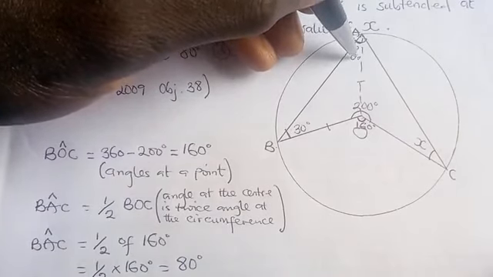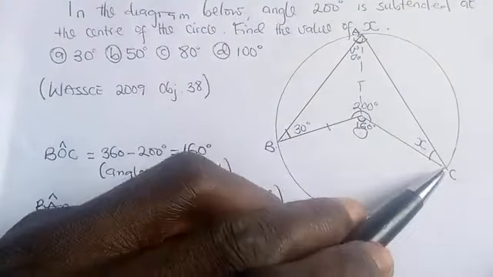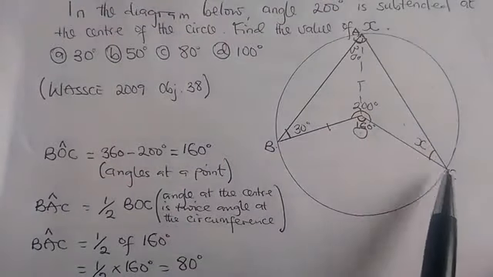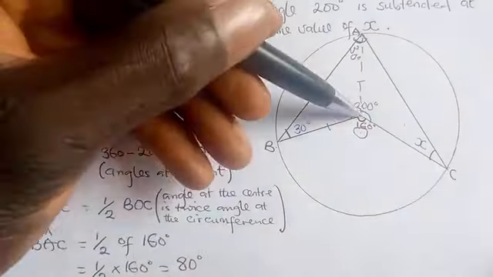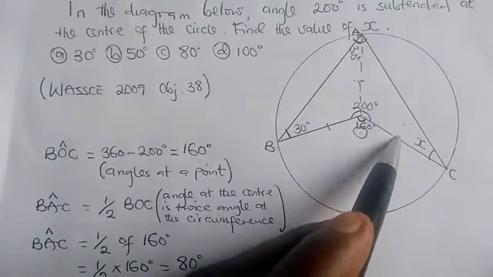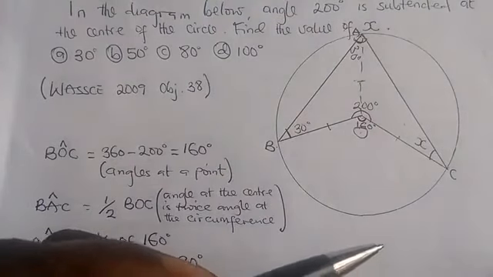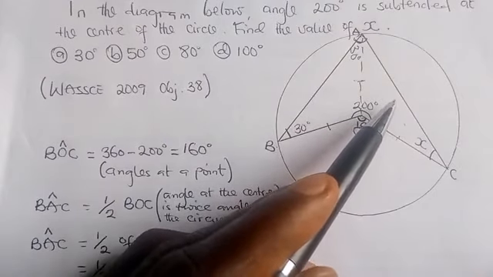Also, when you look at OAC, that is this second triangle here, you discover that this line OC is a radius, while OA is also a radius. By implication, this line and this line are equal, implying that this triangle also is an isosceles triangle.